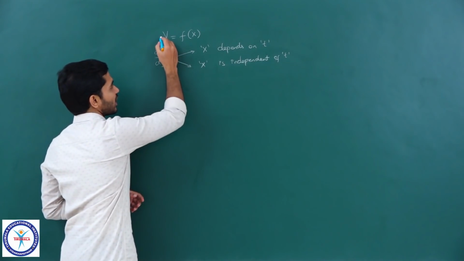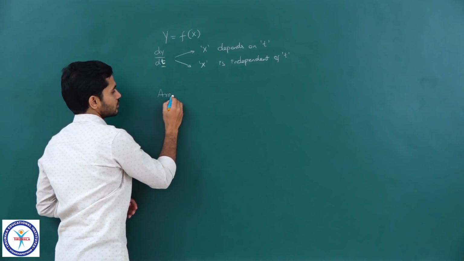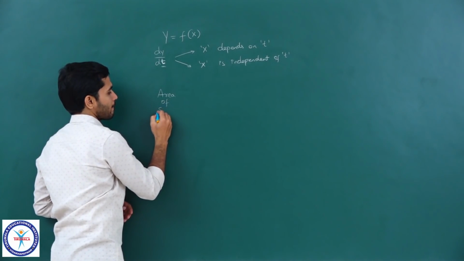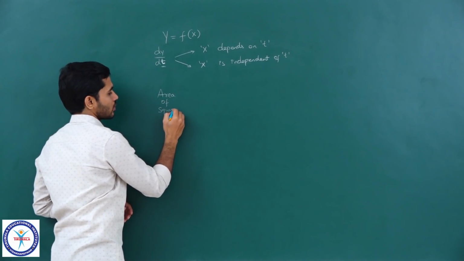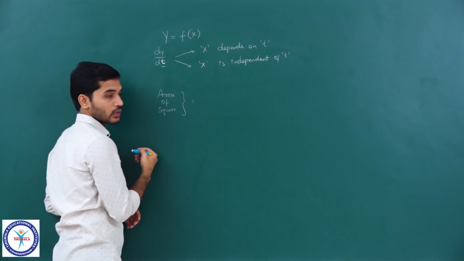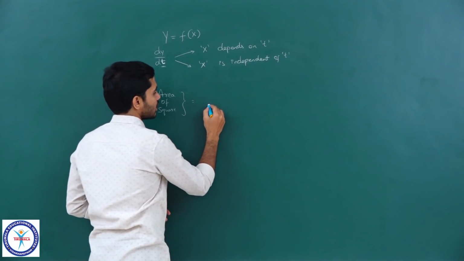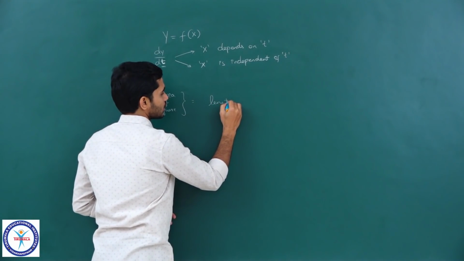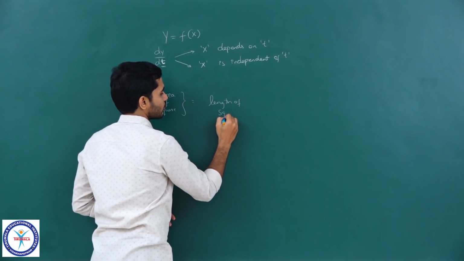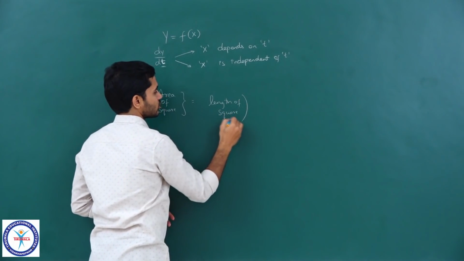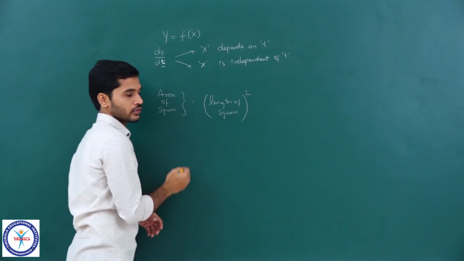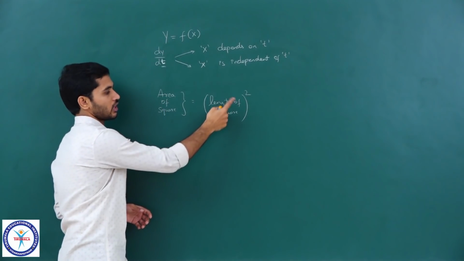Let us say y here is the area of a square, which is equal to, we know that area of a square is nothing but the length of the square whole squared. So, this is the function y is equal to f of x.